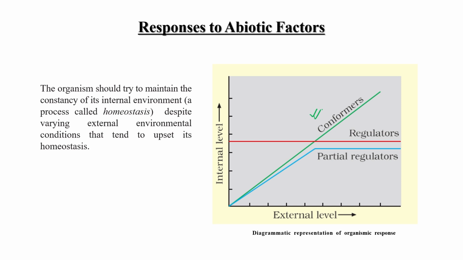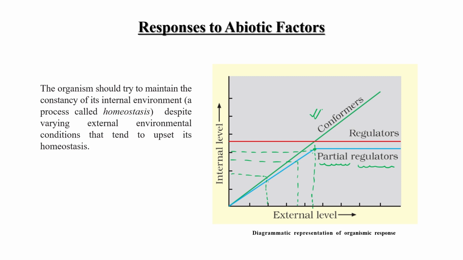Okay. Now the third graph, some animals come under partial regulators, means up to a certain limit their body temperature increases according to the external environment. If the external temperature increases, their internal body temperature also increases up to a specific point, like at this point.